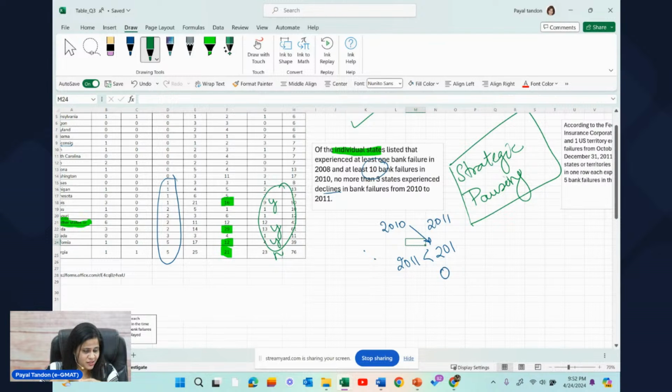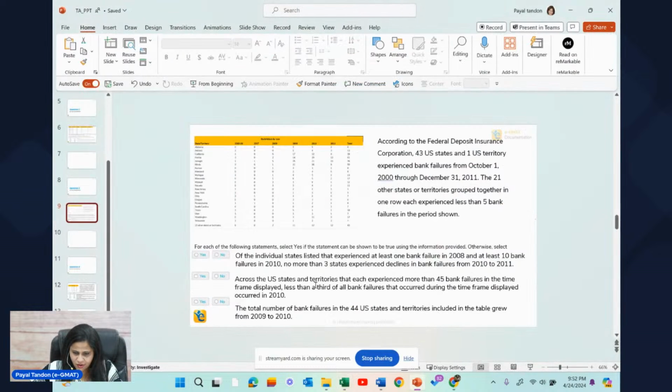So as you read the statement, you break it down into smaller parts, and as you are reading each part, you're looking at the table to extract the data, and you're making your notes, and then you're solving the question as you are reading the question statement with the strategic pausing. That's the technique which you absolutely need to master if you want to solve questions with confidence and efficiently. Okay, so now let's take a look at our second question.